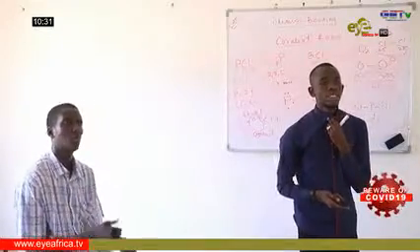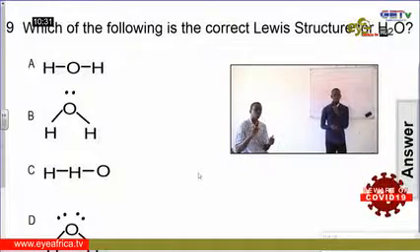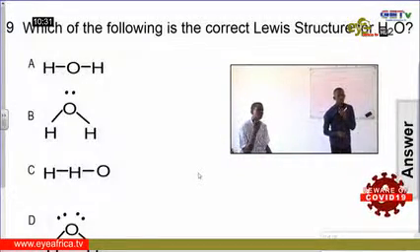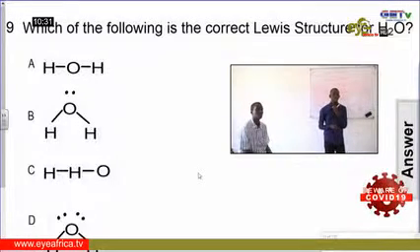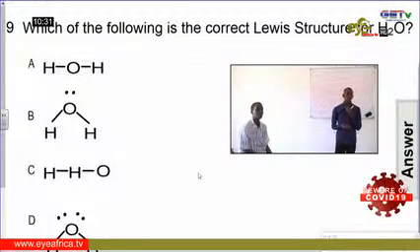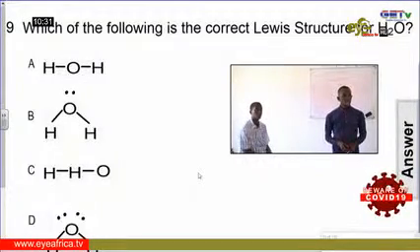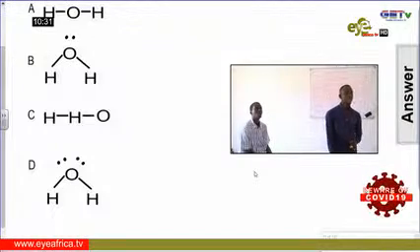Which of the following is the correct Lewis structure for water? You have A. You can see it there. That is the structure, which is somehow linear. B, we have something like a V shape. C, we have linear again, and D, we have a V shape.